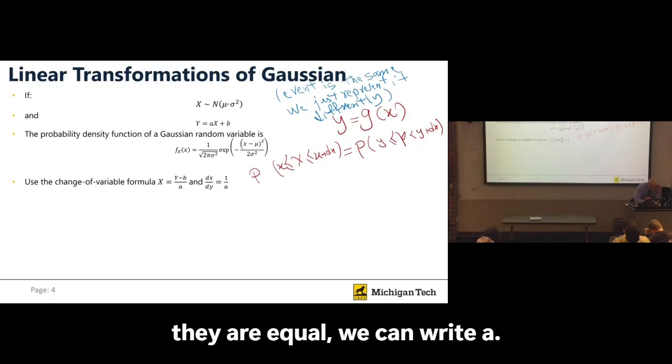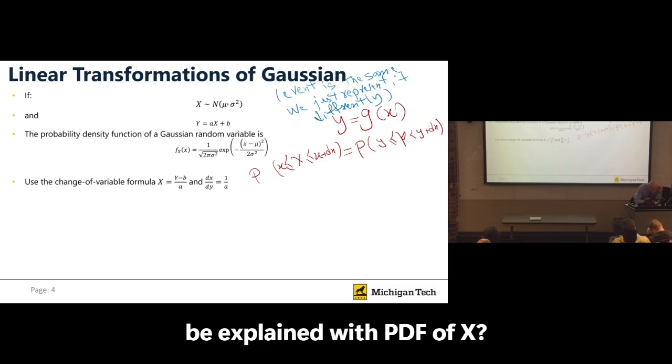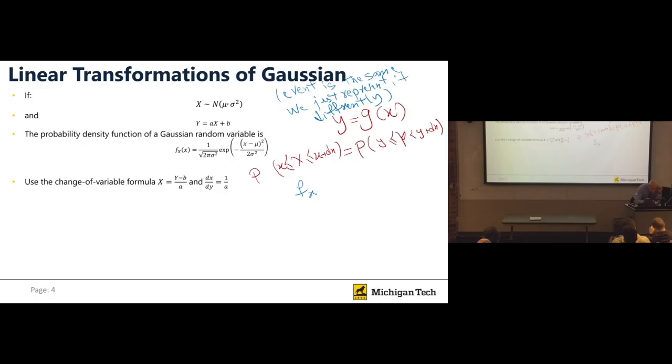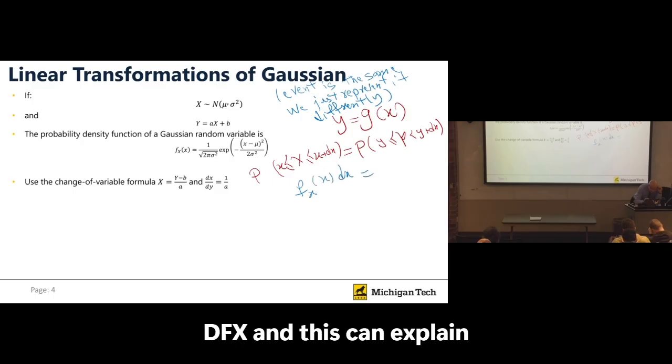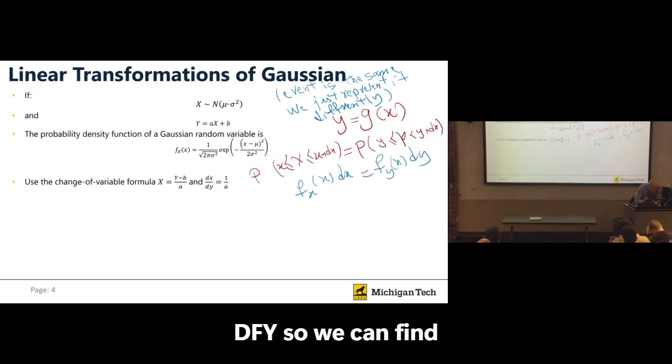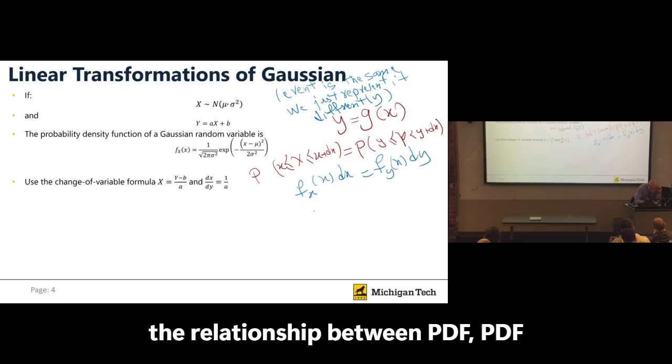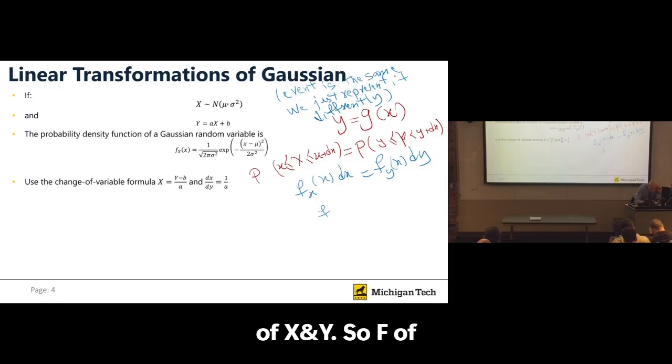If they are equal, do you know we can use PDF to explain this? This can be explained with the PDF of X times dx, and this can be explained with the PDF of Y times dy. So we can find a relationship between the PDF of X and Y: f of y times dy is equal to f of x times dx.